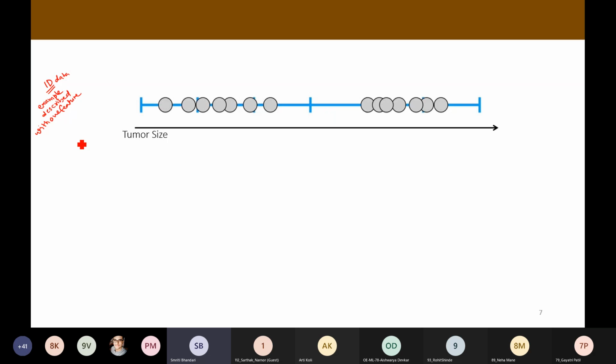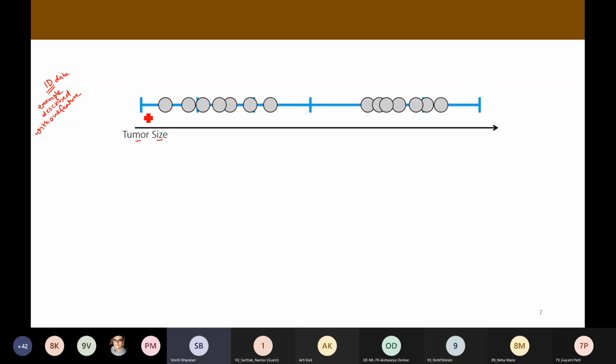We are trying to find out whether the sample is malignant or not, whether it is cancerous or not. Every sample is described with a single feature, and that feature is tumor size.